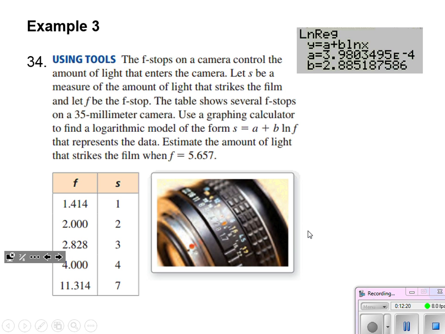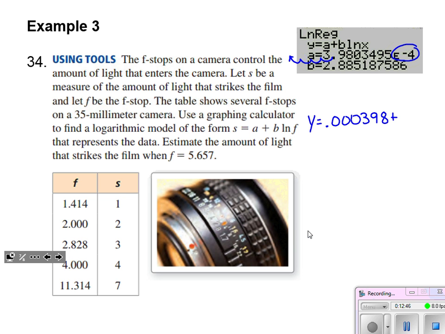So the function we arrived at is y equals 3.980 times e to the negative fourth. That is scientific notation. So that means it is a tiny, tiny number. This decimal point is moving 1, 2, 3, 4 places to the left. So 0.000398, okay?